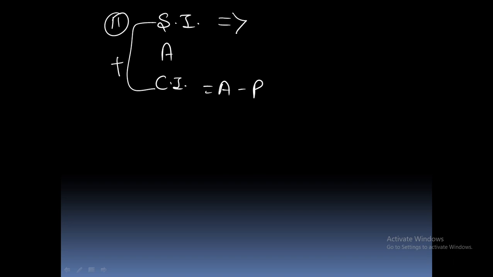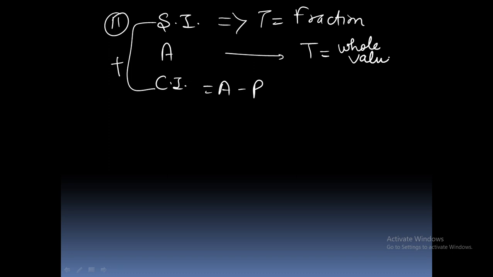Here time will be the fraction value which is given, and here time will be taken as the whole value. Means you are given 1 and 1/2. 1/2 is taken here and 1 is taken here. You can calculate simple interest, then you can calculate the answer of compound interest.